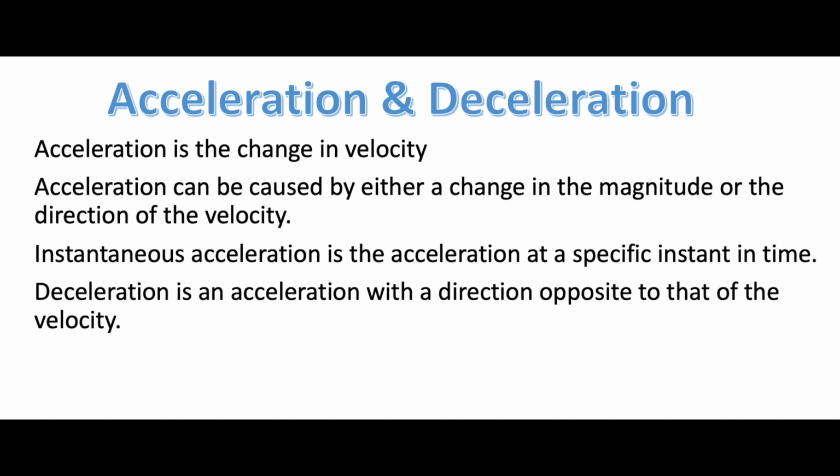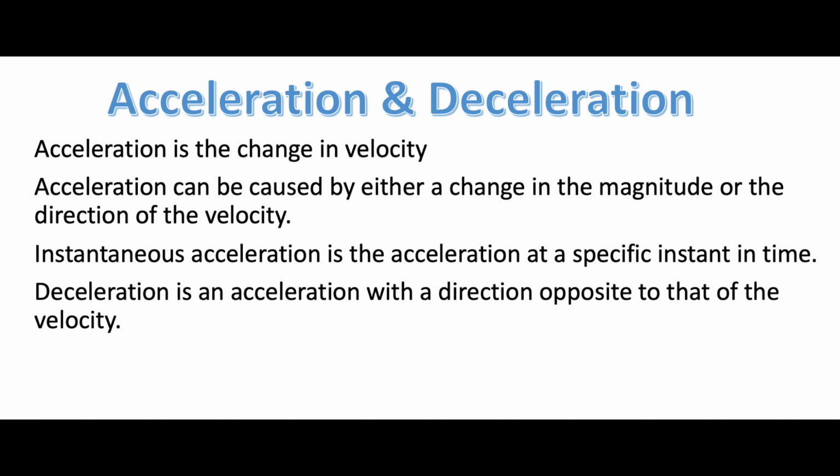Instantaneous acceleration is the acceleration at a specific instant in time. The moment we observe the object, what is its acceleration? That is called instantaneous acceleration. Deceleration is an acceleration with a direction opposite to that of the velocity.